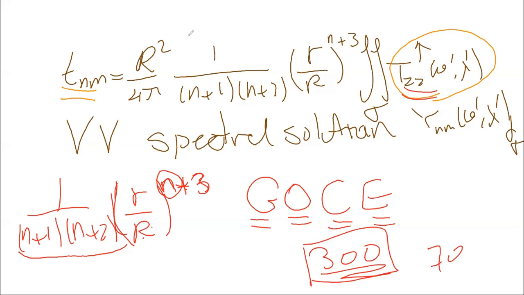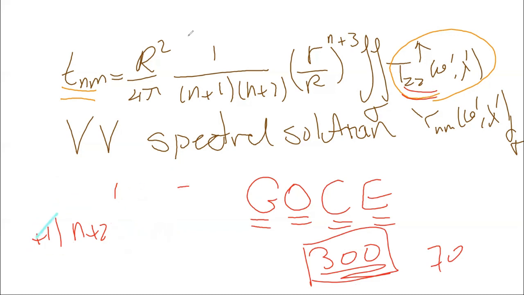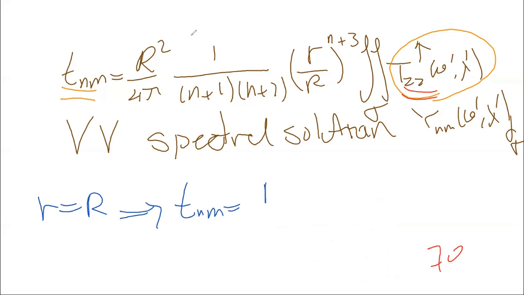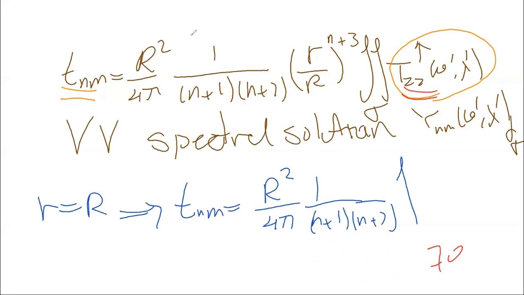Now, in the case that we are at the surface of the sphere, it means that small r equals large R. Then T_nm will again be R squared over 4 pi, 1 over (n+1)(n+2), integral of T_zz at the surface, theta prime, lambda prime, multiplied by Y_nm, theta prime, lambda prime.